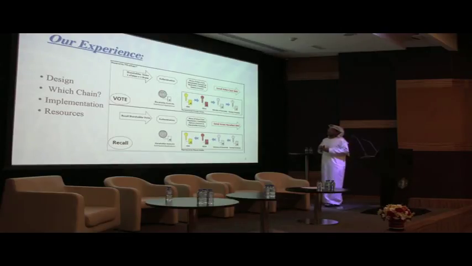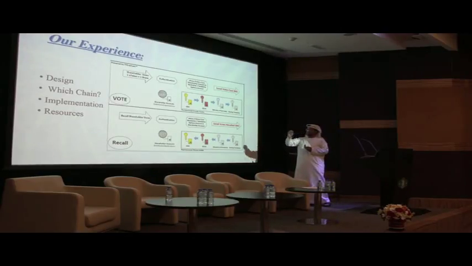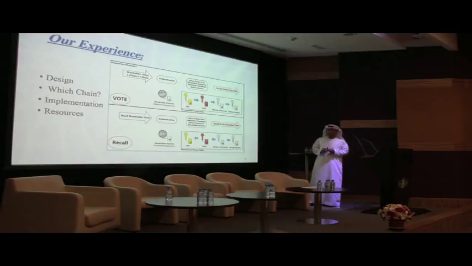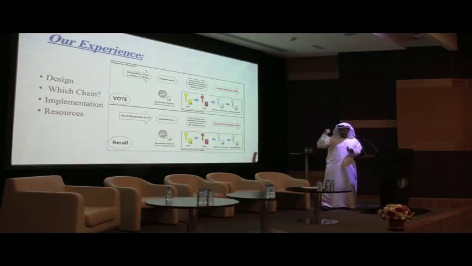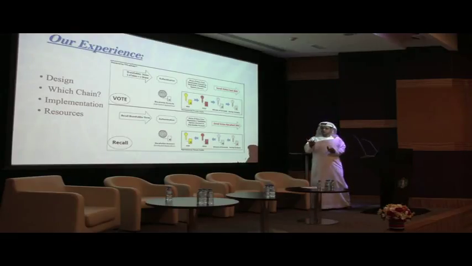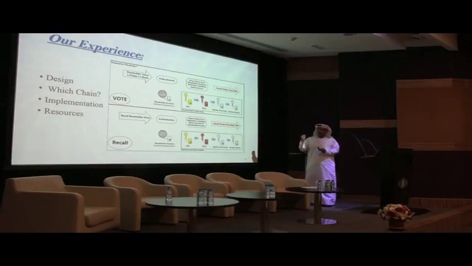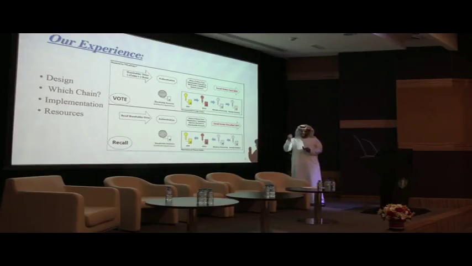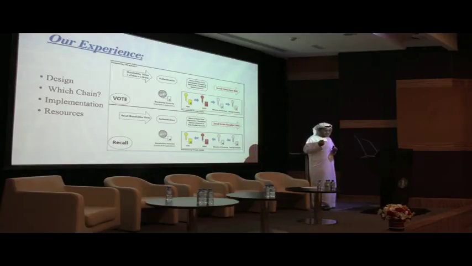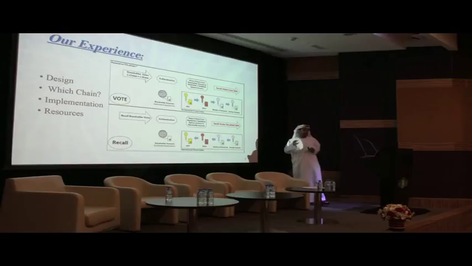From our experience, we have four points. Design. This is very important. If you want to use a blockchain, or rather any process you want to automate, you should work on the design and emphasize your design. You should be clear about the design and what you will get from it. Second, which chain you will use.